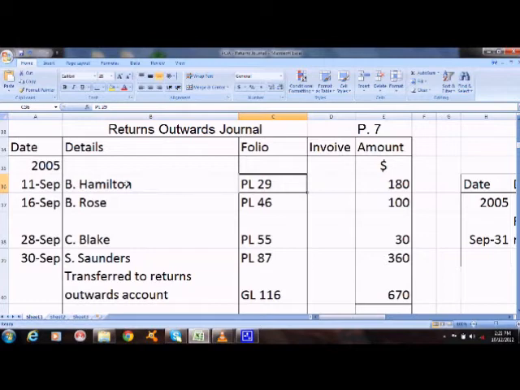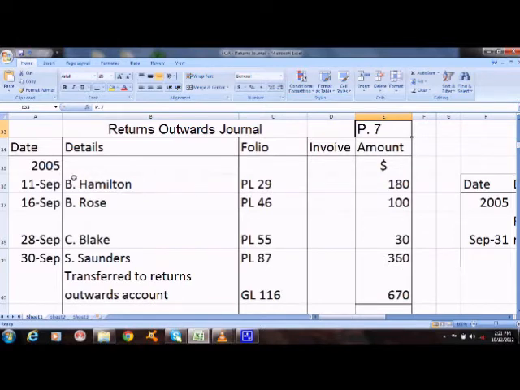That's how this would read, and then we transfer the total to the returns outwards account. Remember that PL29 means page 29 of the purchases ledger, and the business has recorded it on page 7 of the returns outwards journal.